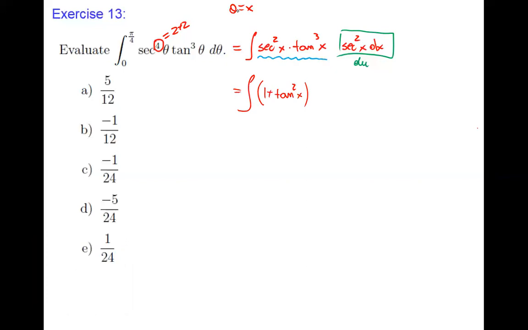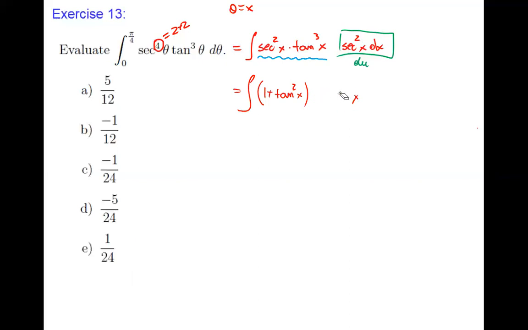I don't want to mess up my work. And this is secant square of x dx.